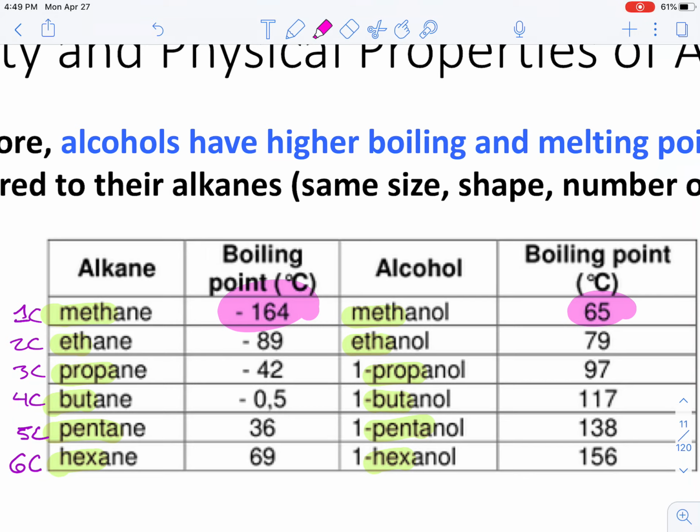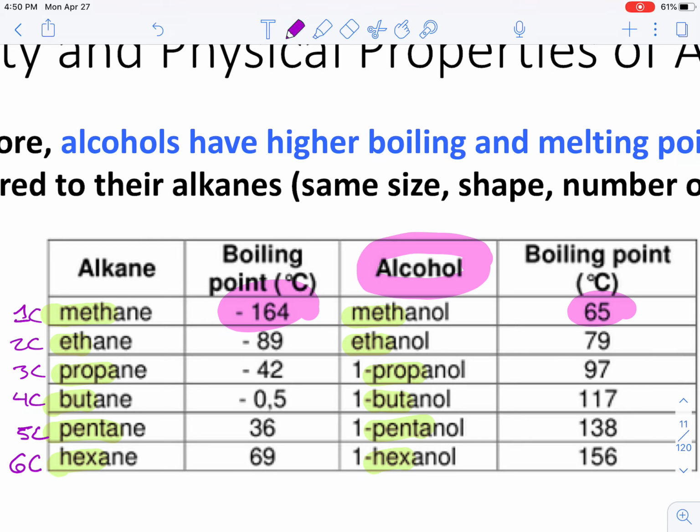So at room temperature, which is 25 degrees Celsius, methane is already in gas form. If we wanted liquid methane, we would really have to lower the temperature below the boiling point.